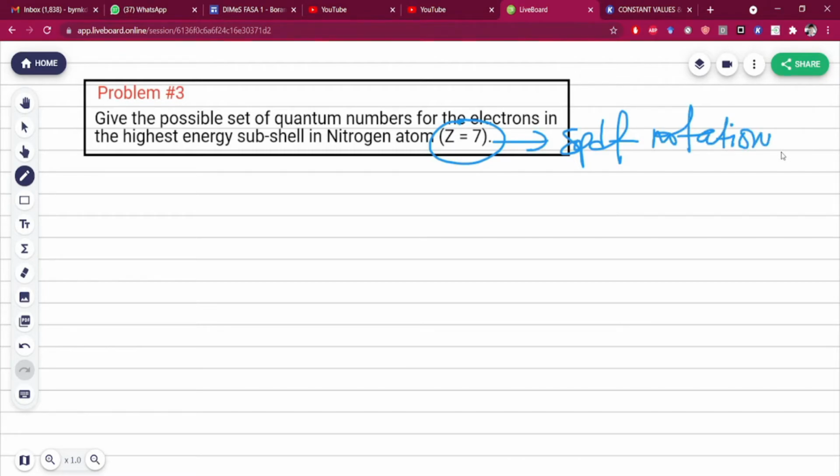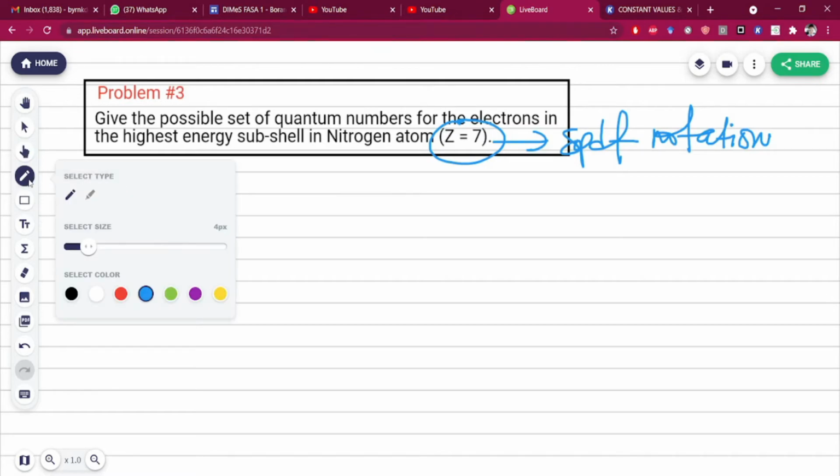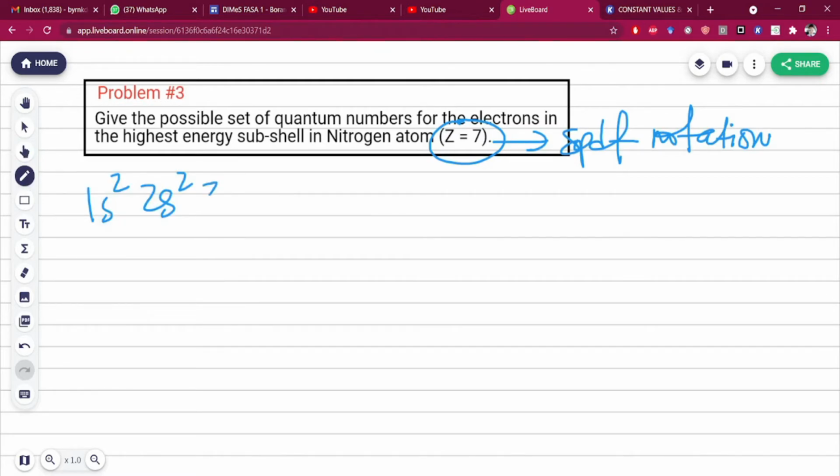That is very important. So the SPDF would be 1s2, 2s2, that is 4 electrons, and then you have 3 more electrons, so you're going to put 2p3. So 1, 2, 3, 4, 5, 6, 7.